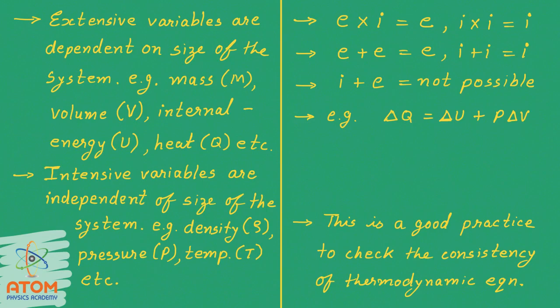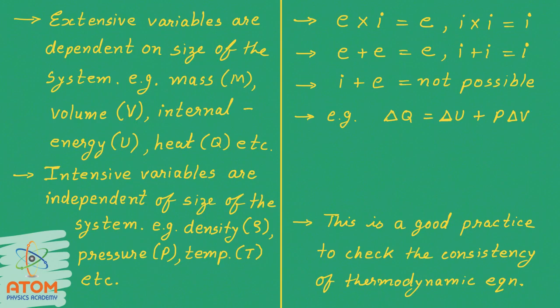So here the volume is half, but the pressure will remain the same in both the containers. The temperature will also remain the same in both the containers. The density will also remain the same in both the containers. So the size is half, still the density, the pressure, the temperature don't change, and that's why they are not size dependent. So they are known as intensive variables.